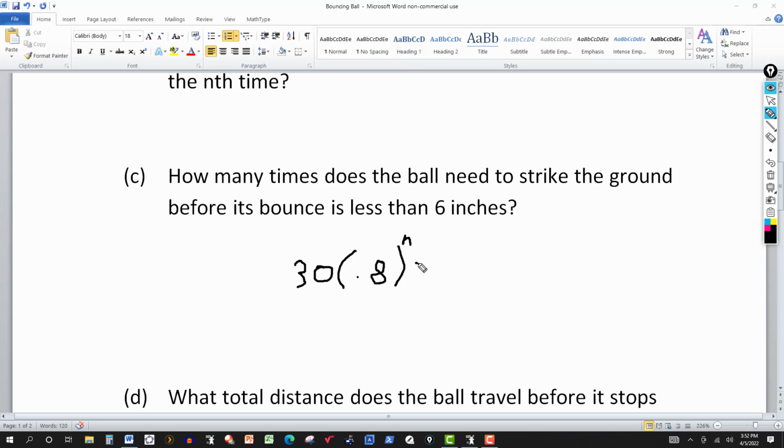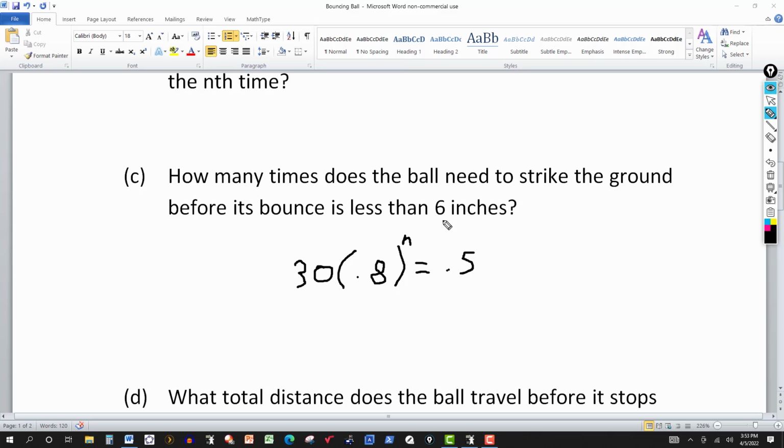And we're going to set this equal to, now this 30 is in feet, so we want the 6 inches in feet also. So I'm just going to put 0.5 here. That'll be 0.5 feet. Now we can solve this for n, and that would tell me how many bounces, so that the distance of the bounce would be 6 inches or half a foot.